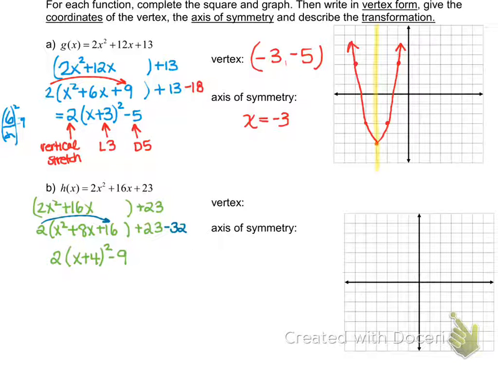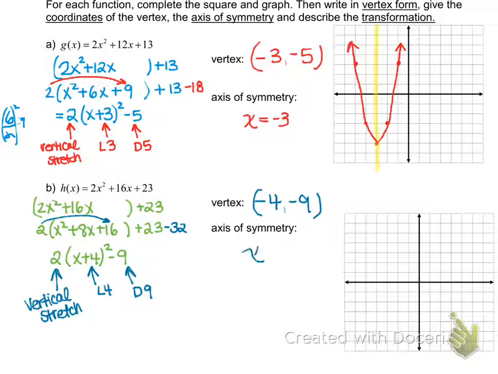And again, let's identify the shifts. This is another vertical stretch. This is left 4, and this is down 9. Now to graph it, the vertex is (-4, -9), and therefore my axis of symmetry is x equals -4.